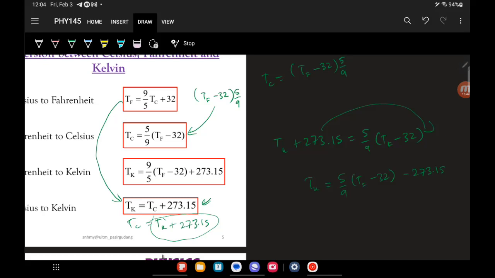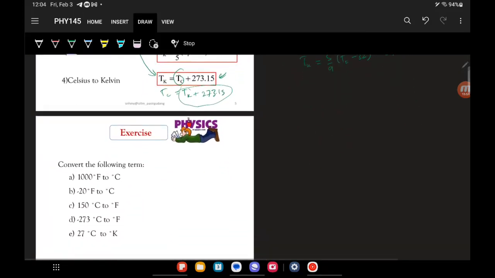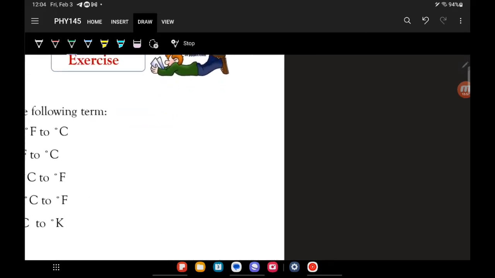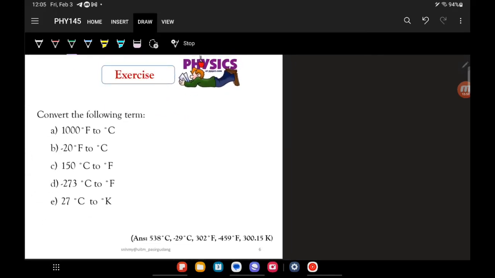Once you have the TC, you can apply this equation and get the TK. That one I think is much easier. You don't need to deal with more derivation. You can try this out and see whether you get the answer right.